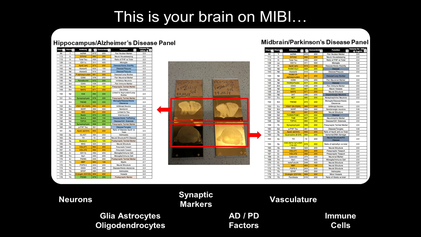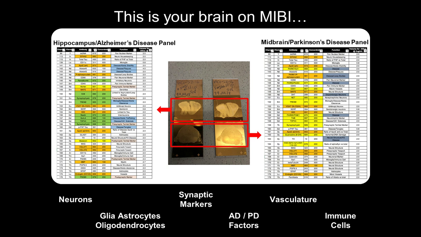To get at the broad themes of what we're trying to capture here, obviously we're trying to capture neuronal diversity. We're trying to capture synaptic markers, both to get an idea of synaptic flavors and of overall synaptic density, because loss of synaptic density is often associated with cognitive decline. Multiple markers of vasculature, so that we can see whether some disease-associated features are close to or far from vasculature.